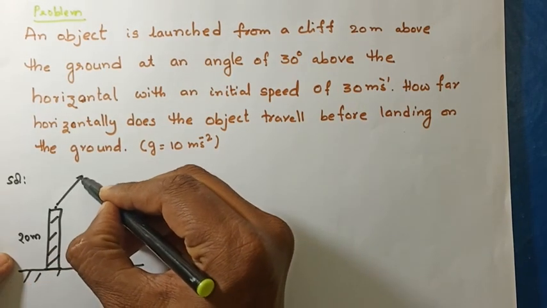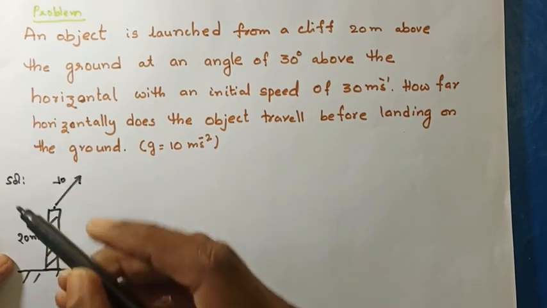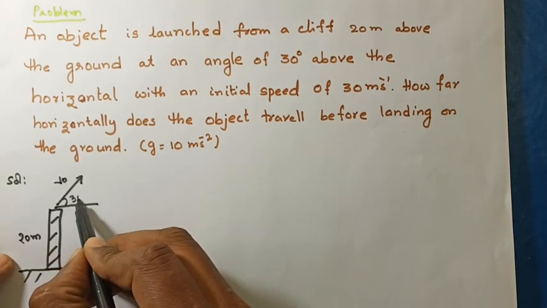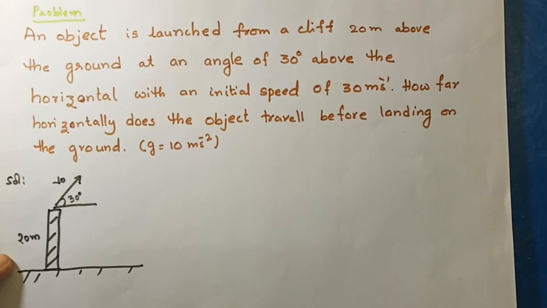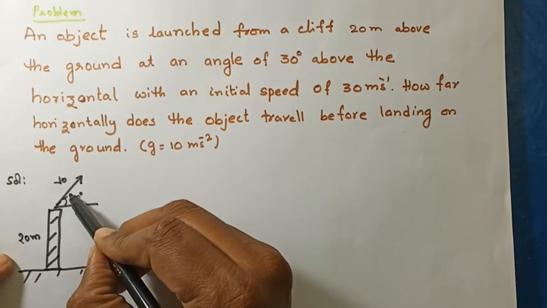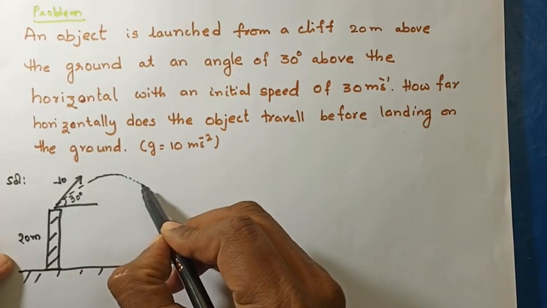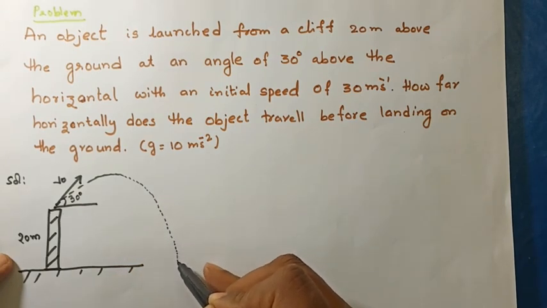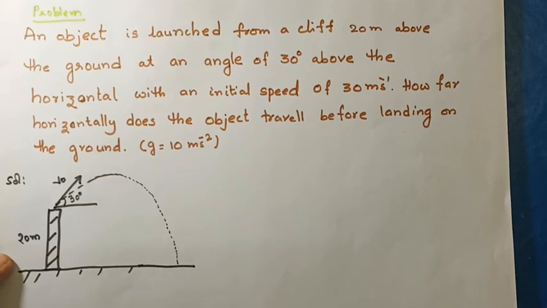So this is the initial velocity V naught, making angle 30 degrees. So what happens? The body goes like this, falls down and reaches the ground. This is the problem scenario. This is the ground point and this is the landing point.